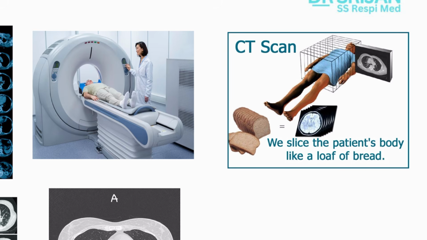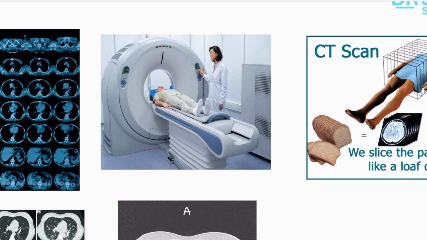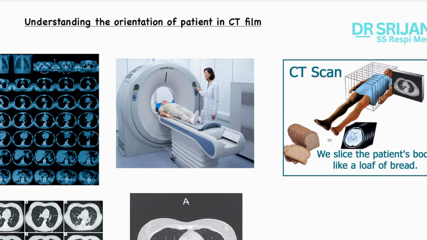Just imagine that this is a loaf of bread and we have sliced the loaf into multiple slices. We slice the patient's body like a loaf of bread. You pick up one slice from here. Always, when you get images like this in your CT scan, this is one slice I'm talking about.